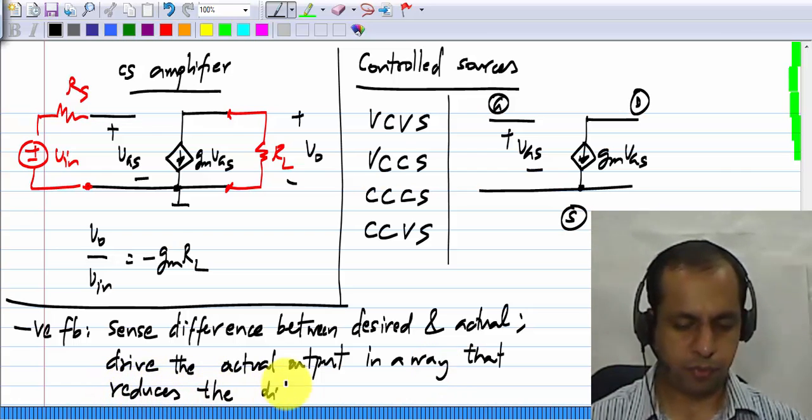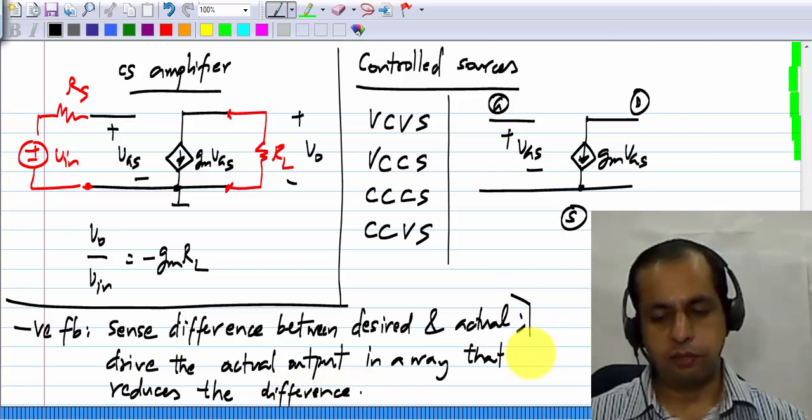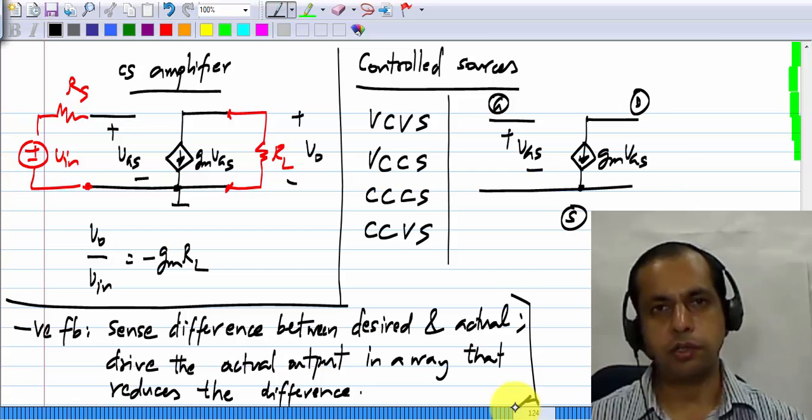Okay. So that is negative feedback. That is, you drive the output in a way that reduces the difference between the desired and actual output.